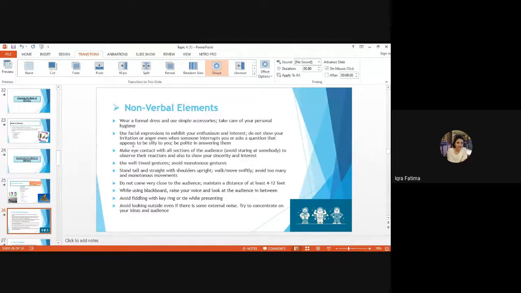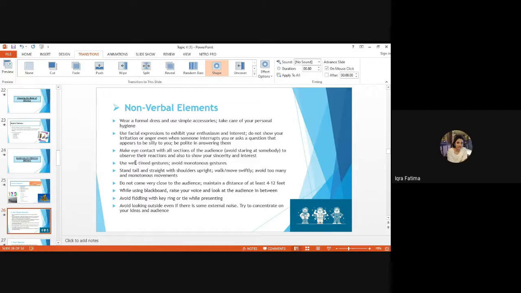Third point is eye contact. You should maintain eye contact with all of your audience, not at one side. Fourth point is your gestures. They shouldn't be monotonous, and avoid putting your hands in your pocket, and avoid fiddling with the keys or your tie.